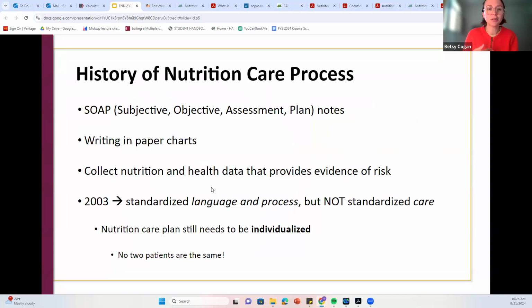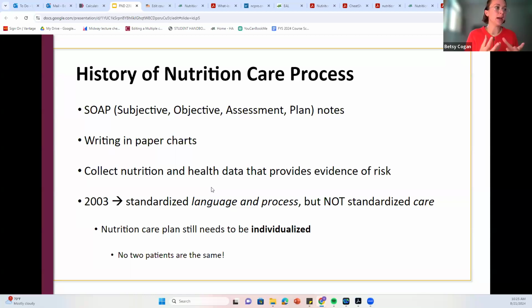So some history, right? Before the nutrition care process was finalized, standardized, and widespread, there were various antiquated methods of note-taking for dietitians in the clinical setting. So prior to ADIME, there was something called SOAP notes, which has some basis in ADIME.